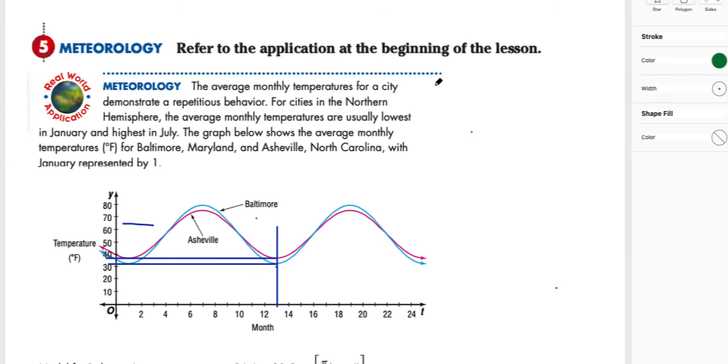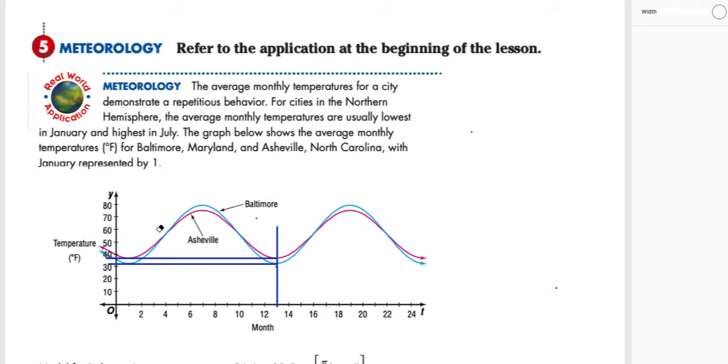Number 5 is really neat because it's going to show an application of the sine function. I'm going to call them sinusoidal functions because this could just as easily be a cosine function, as we'll see later on. A lot of things that are cyclical, whether in terms of time, will often be sinusoidal in nature.